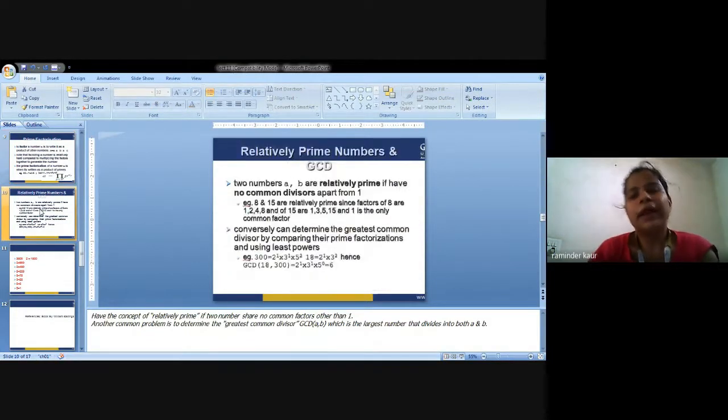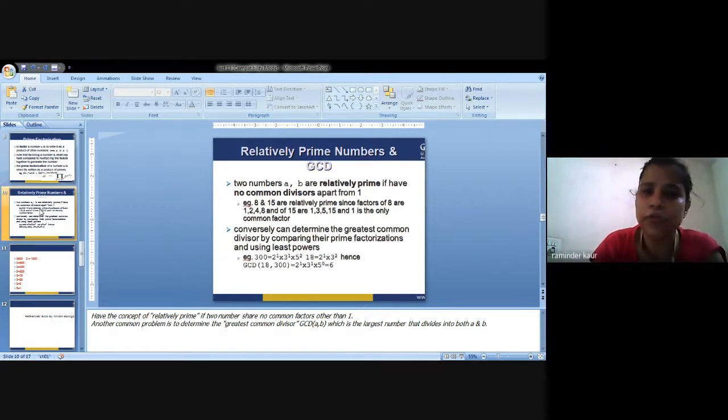So next is relatively prime numbers and GCD. As you know, we have already discussed the greatest common divisor. Two numbers A and B are called relatively prime if they have no common divisor apart from 1. For example, 8 and 15 are relatively prime since the factors of 8 are 1, 2, 4, 8, and of 15 are 1, 3, 5, 15.